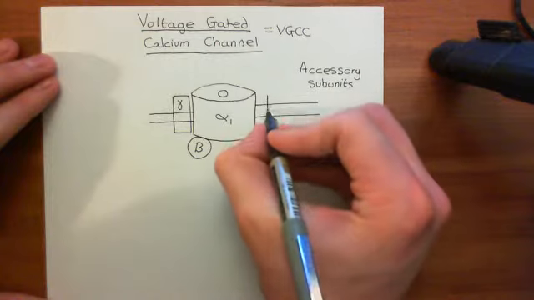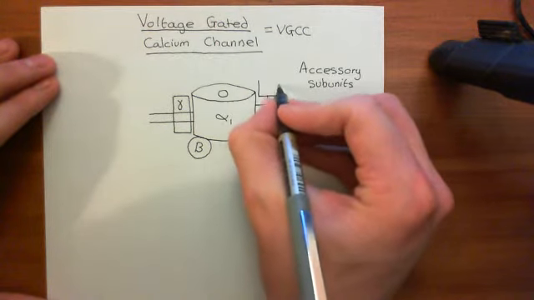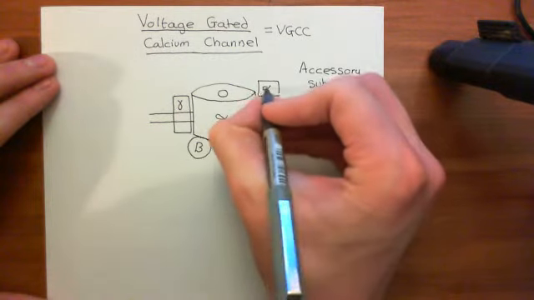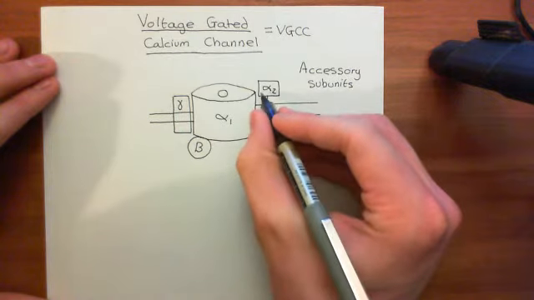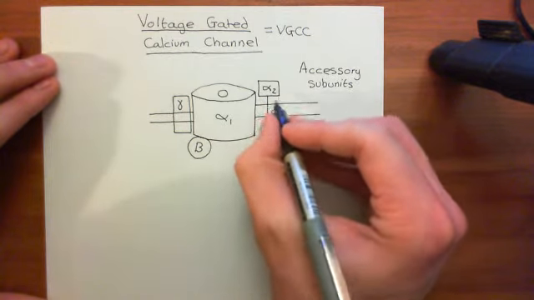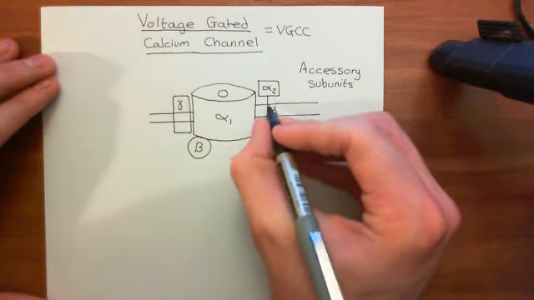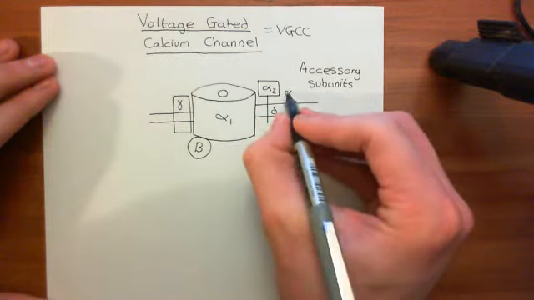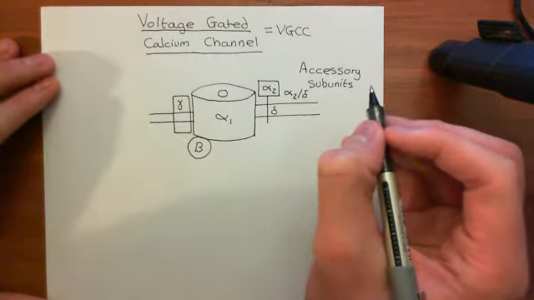And finally, another subunit attached over here is the alpha-2 delta subunit, made out of the alpha-2 portion, which is extracellular, and the delta portion, which has a single membrane-spanning alpha helix and is attached to the alpha-2 portion by disulfide links.